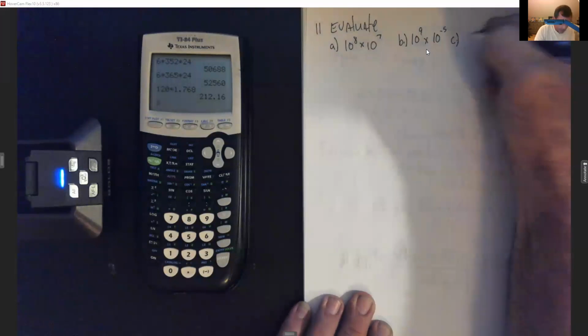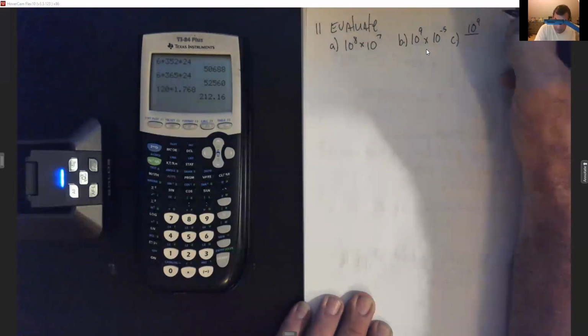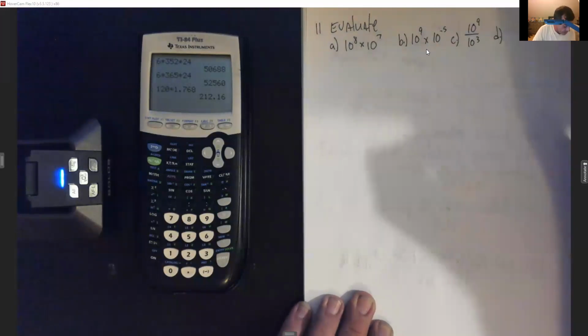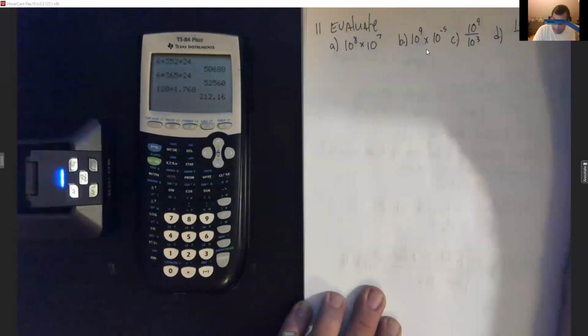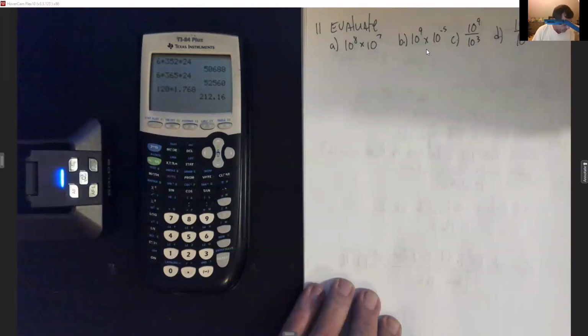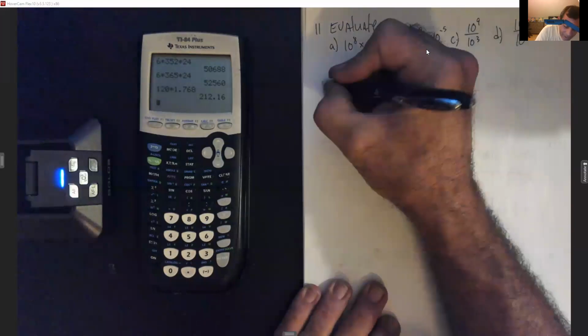C has 10 to the 9th over 10 to the 3rd. And D has 10 to the 12th over 10 to the negative 4th. So watch what I do on these. These are exponent rules, okay?